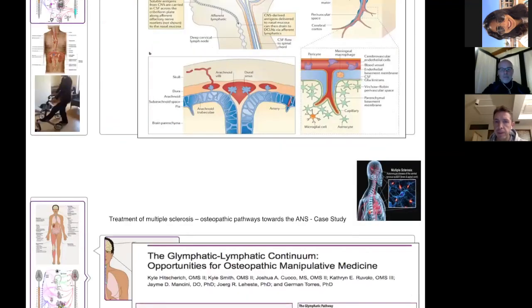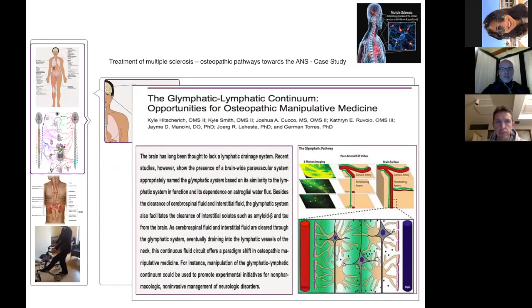So again, going from there, lymphatic continuum, opportunities of osteopathic manipulative medicine. So we're looking at encouraging this lymphatic system to encourage drainage.